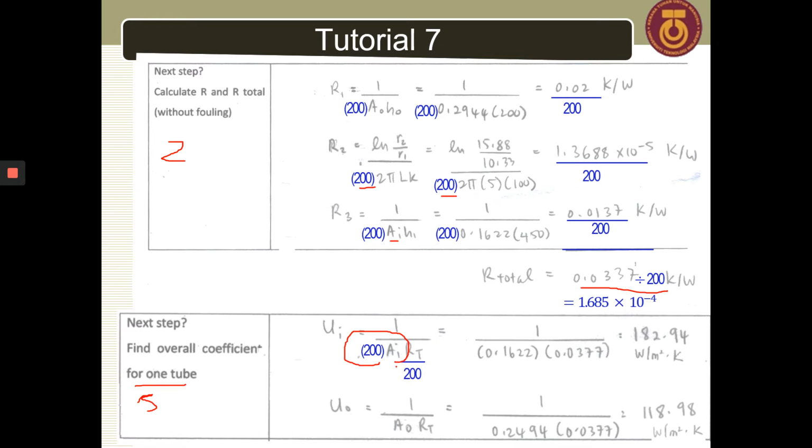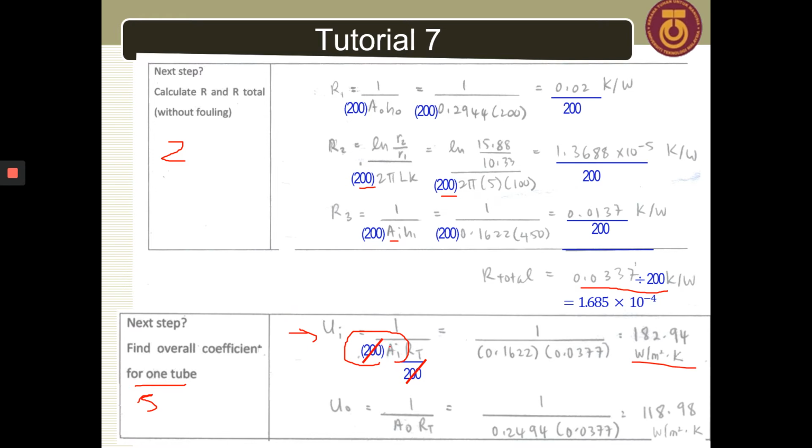So that means here you put 200. So you see that you can cancel these two values out. So the overall coefficient, either for one tube or for 200 tubes, still gives you the same answer. Okay, so you don't need to be confused. For the overall coefficient, whether it is one tube, 200 tubes, or n number of tubes, it gives you the same value.